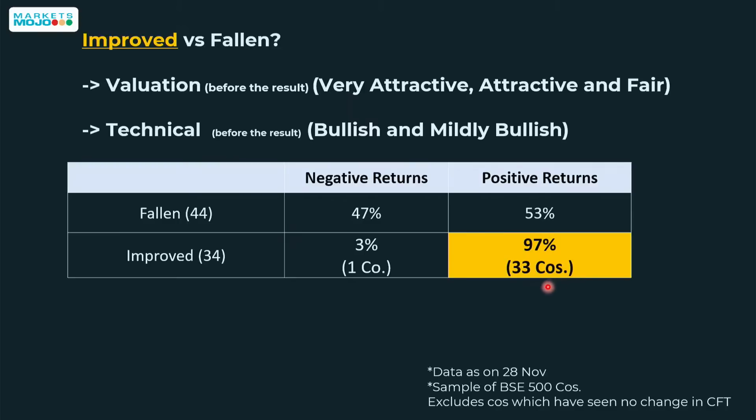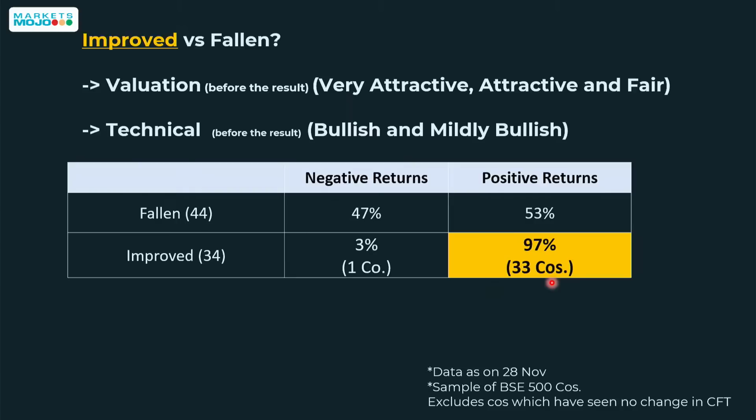Look at the difference. We started off with 64. We added one particular filter, it became 84. One last filter of technicals, and now we have 33 companies. Look at the strike rate, 97% directly. So out of 34 companies which have improved, valuation very attractive and fair, technical bullish and mildly bullish, 97% of the companies have given positive returns since their result date.